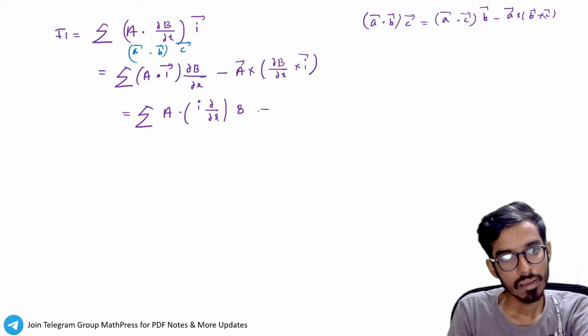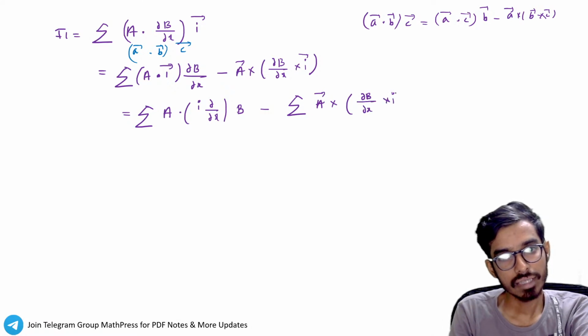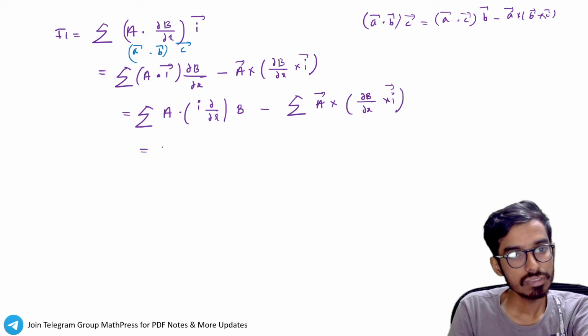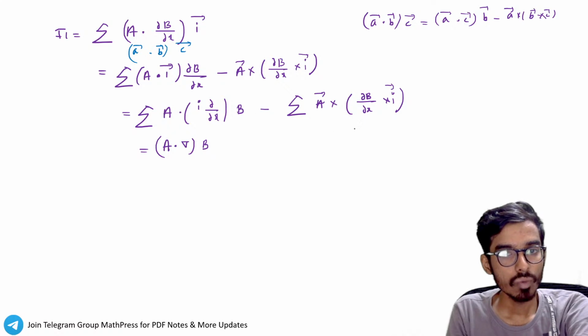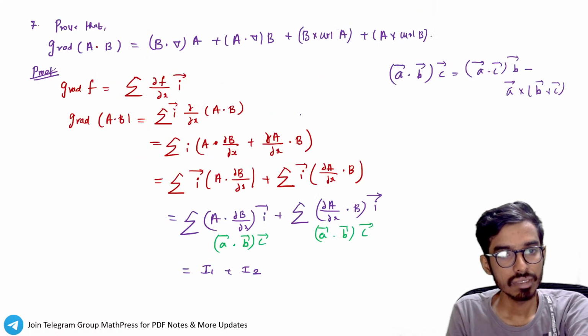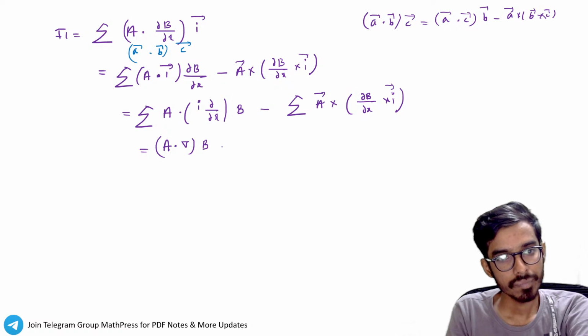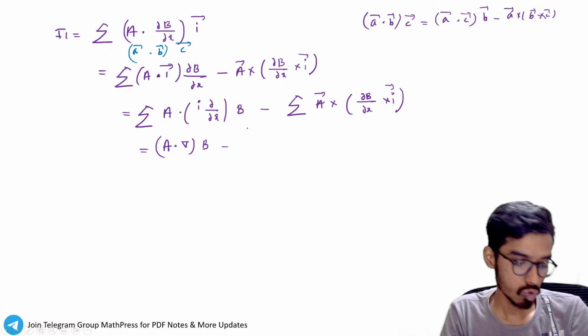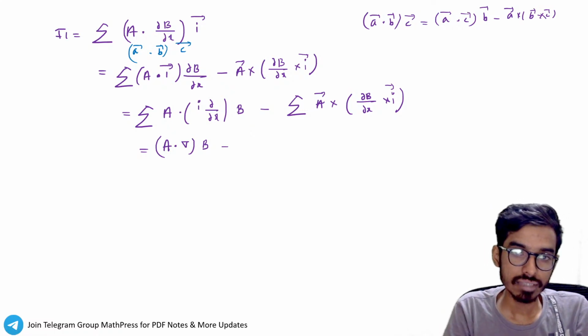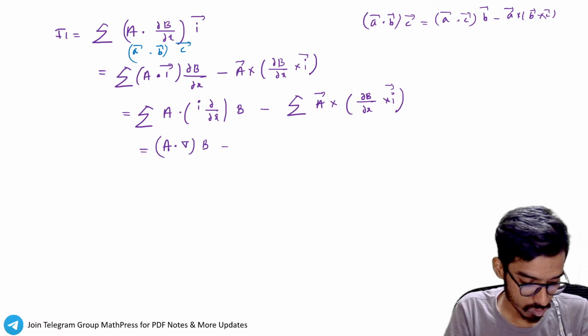This I can write as A dot del into B, as we already wrote earlier. Now we need to simplify the other term. Minus summation, we have A cross dou B by dou X cross I, right?